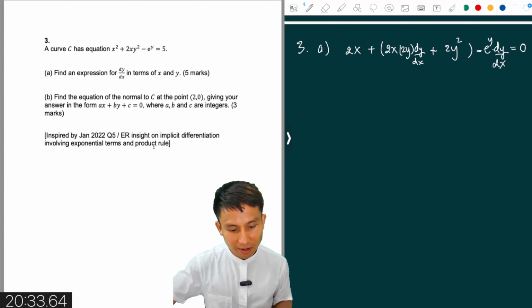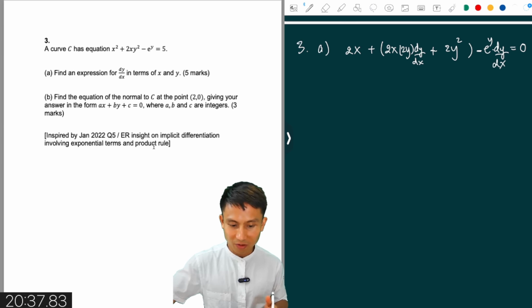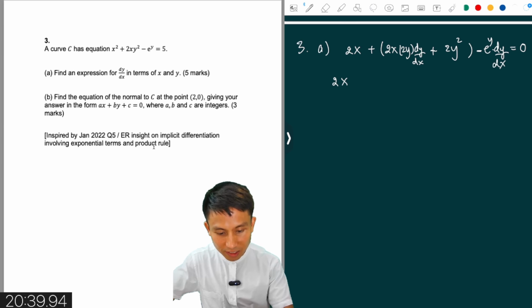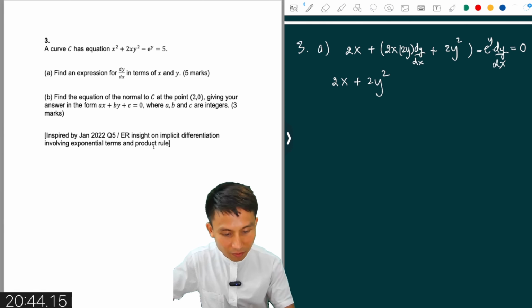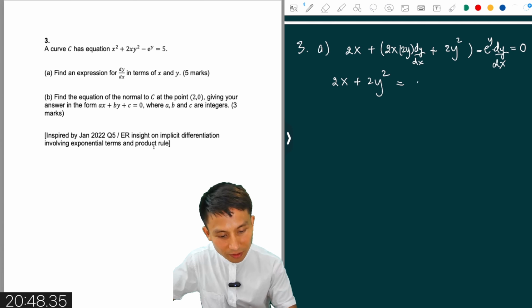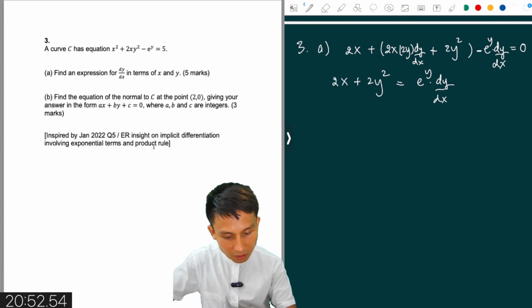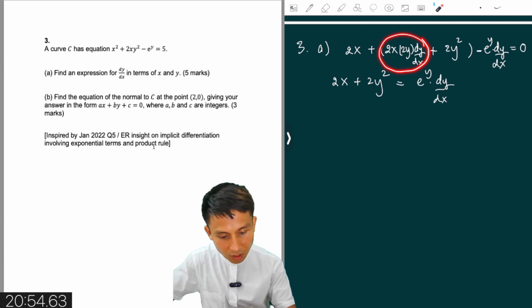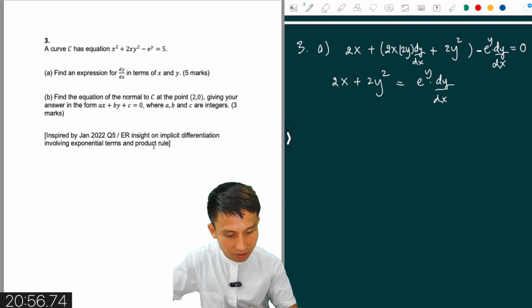You can just expand everything; it's kind of already expanded here, so we're going to write 2x plus 2y squared here. I'm going to put the dy by dx terms to the right side, so we have e to the y dy by dx, and then the other one is the 4xy, but it's a minus.